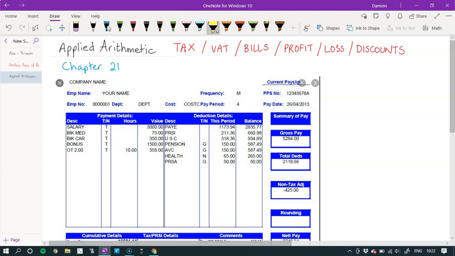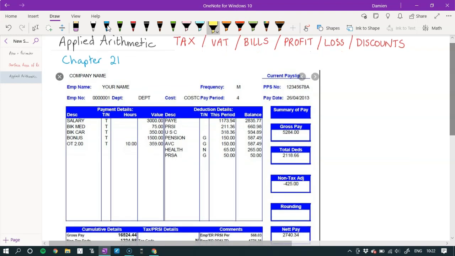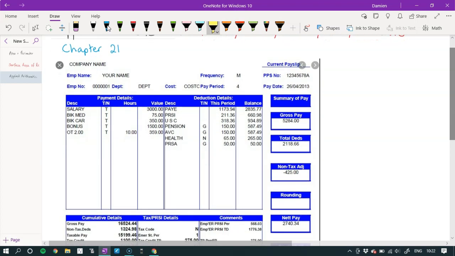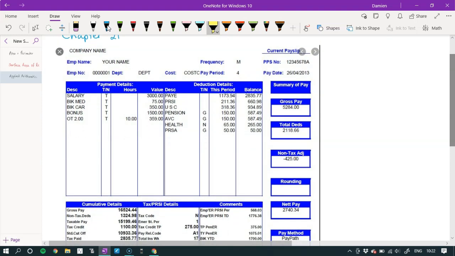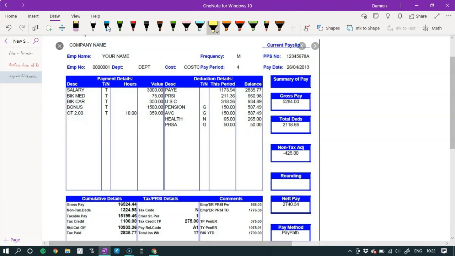Here's your payslip, and it's got a lot of numbers and a lot of titles, but we're going to break it down very, very easily. There are basically two numbers that I want to show you. The first number is in this box, and you can see this one says gross pay. That's how much your employer gives you. So let's say you're working in a computer job or in IT.